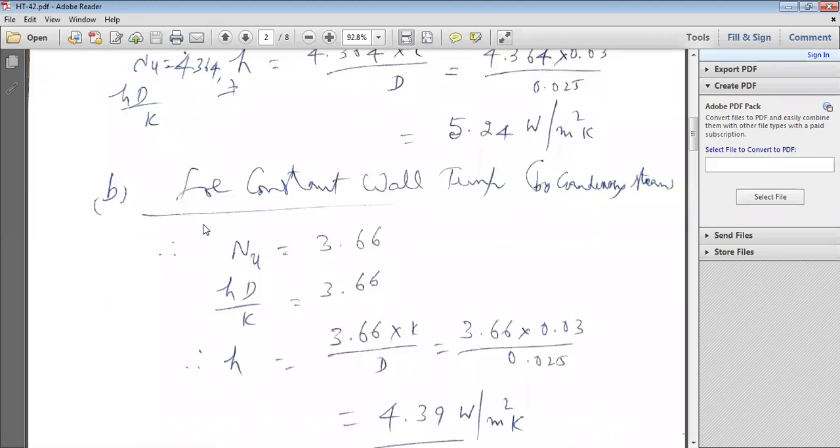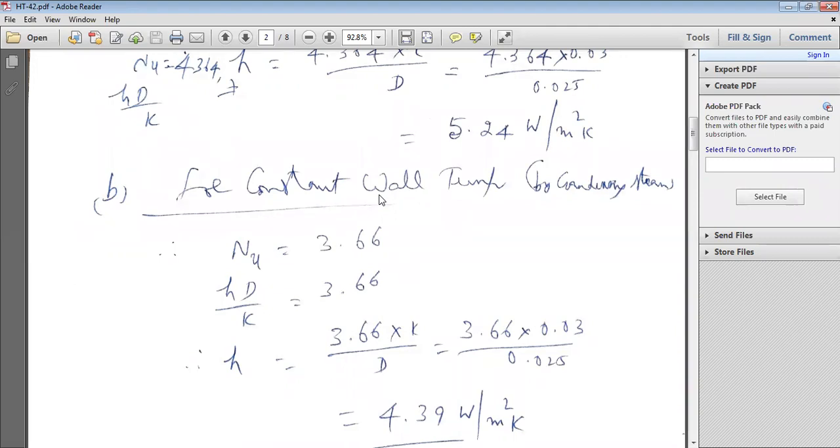Similarly, now the condition is that you have to maintain constant wall temperature. You can maintain constant wall temperature by condensing steam on the surface of the tube. Then only will you maintain the tube surface at a constant temperature, which is the constant wall temperature.